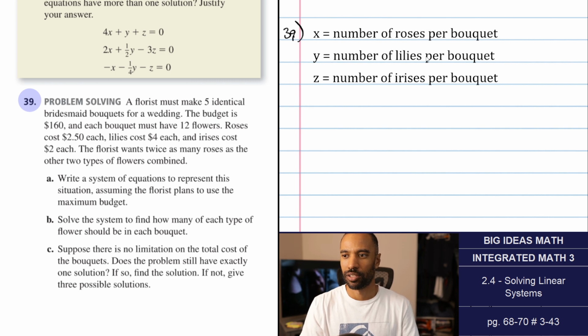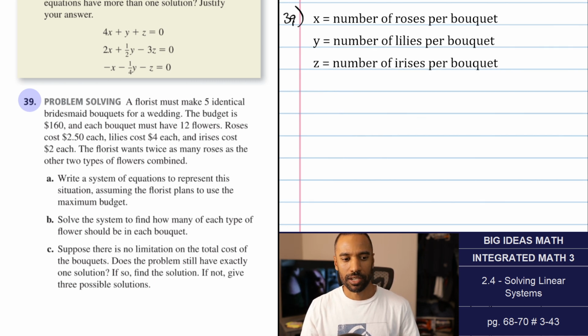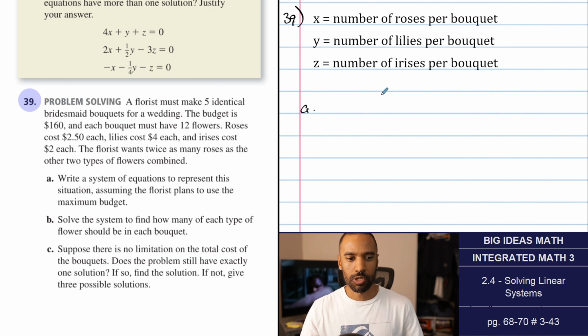So let's break this thing down. Write a system, solve the system. Part A, write the system. The budget is $160. Okay, each bouquet must have 12 flowers. X plus Y plus Z is 12.